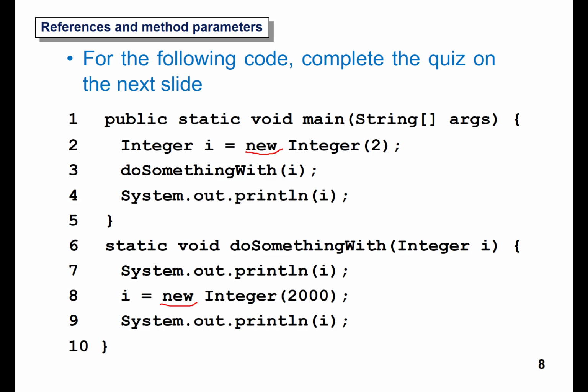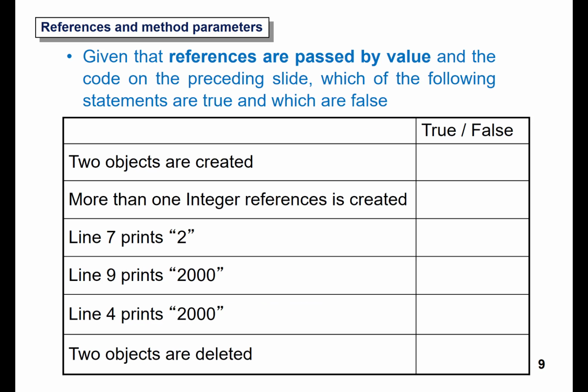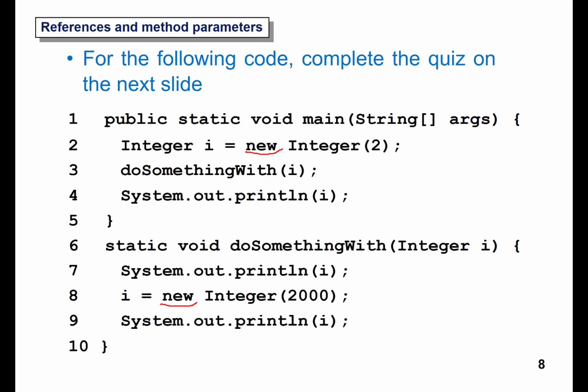Second question. Let's have a look at the slide again. More than one integer reference is created. We have a reference here and we have another reference here. Even though they both have the same name, they're both called I, these are two different I's. They are two completely different references because they belong to different methods.